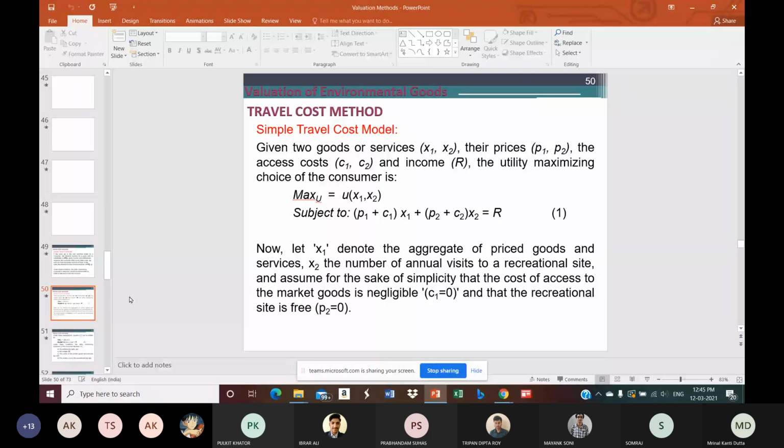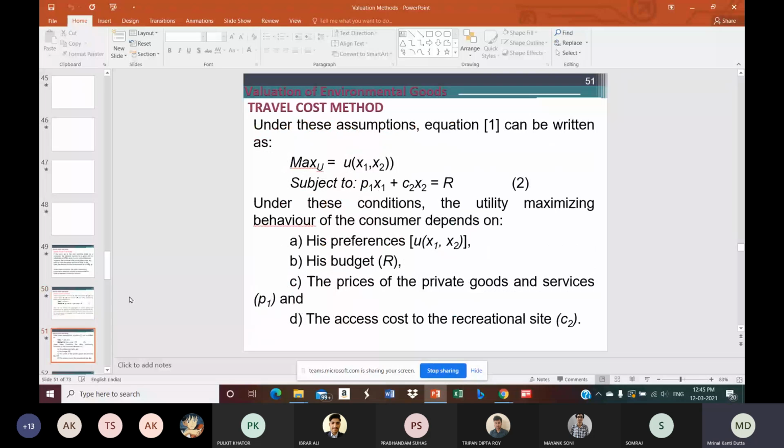In that case, P2 will be equivalent to 0, because X1 is a marketed good and X2 is a non-marketed good in a sense. The number of annual visits to a recreational site is not a marketed good, so you can say it is a service, given by X2. So you can reformulate the equation.